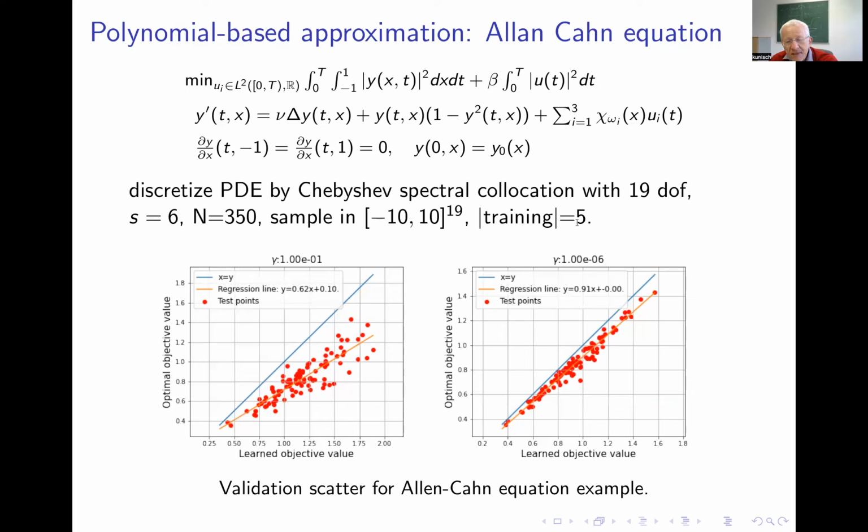We trained with 5 training data. And what do you see on these 2 figures here? We specified again. Specification here is more on the left, 10 to the 0.1, and here it's 10 to the -6. Less specification should give us better results. But what do we see here?